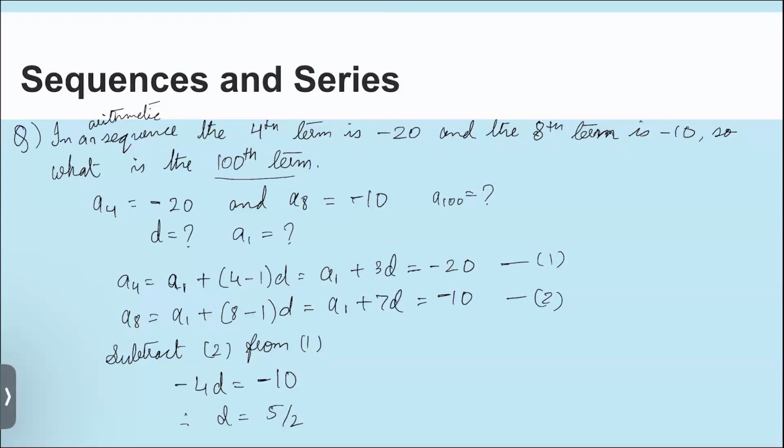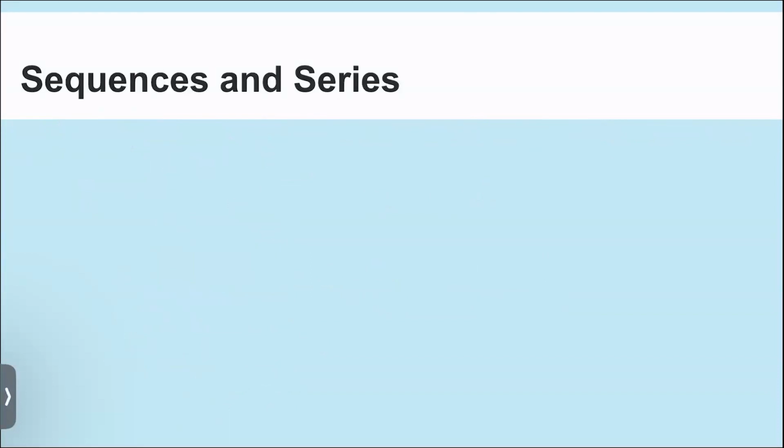Okay, and we will now find our A1. Just substitute for D in any of the equations. A1 plus 7D is equal to minus 10. Okay, so let's take this. So A1 plus 7 into 5 by 2 is minus 10.